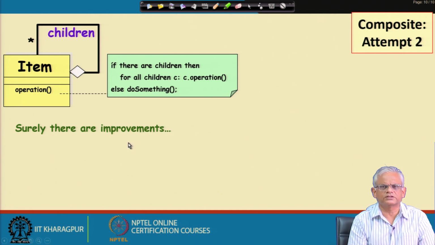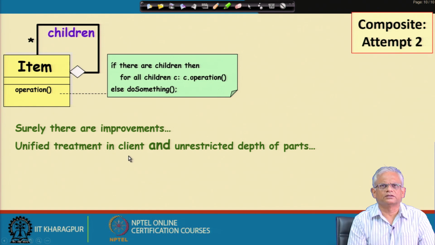Definitely there are improvements over the previous attempt. The previous attempt was restricted to a single level of hierarchy, and here we are having multiple levels and also a kind of unified treatment for the composite and the primitive element.